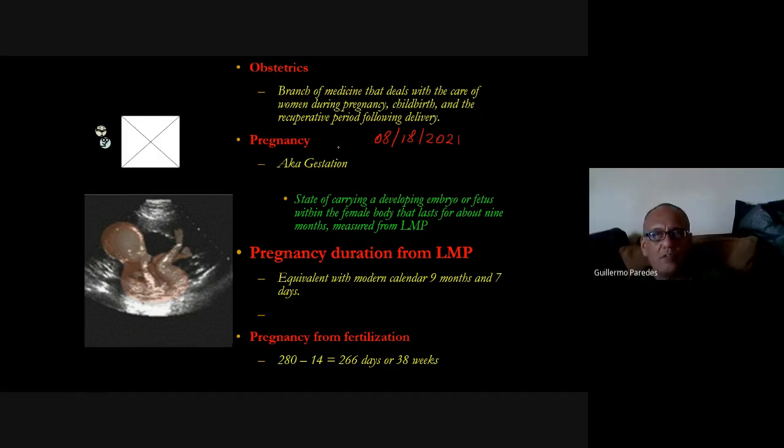All right. Let's suppose I ask you when was your last menstrual period. Let's make it more real. July. Let's make it July 10, just to make it more simple.